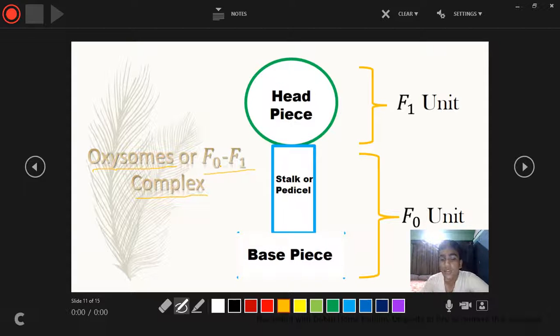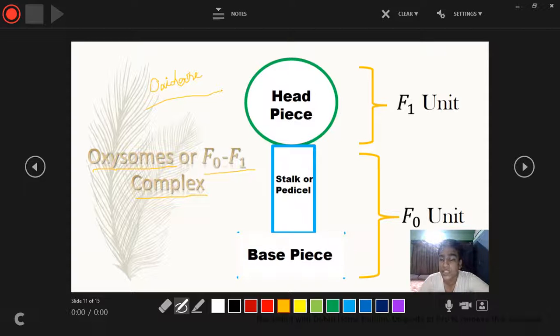Oxidase is an enzyme due to which energy is produced in the form of ATP.